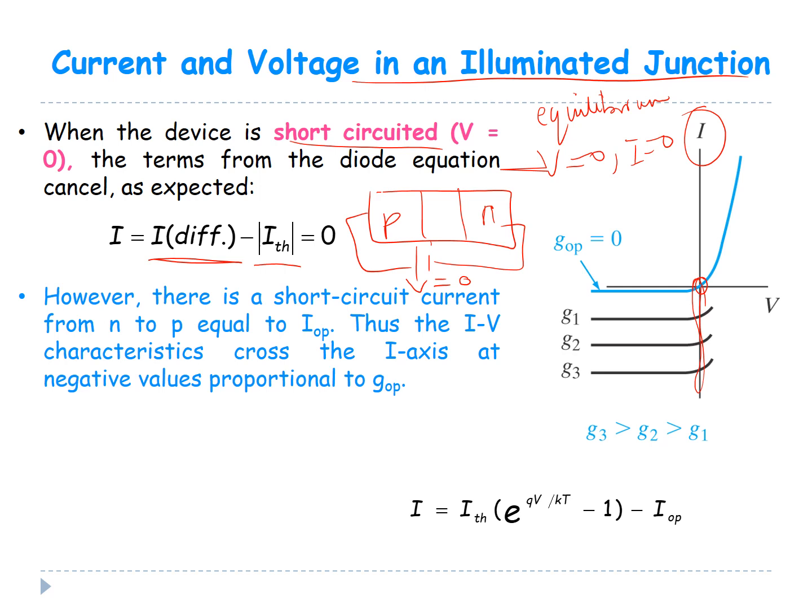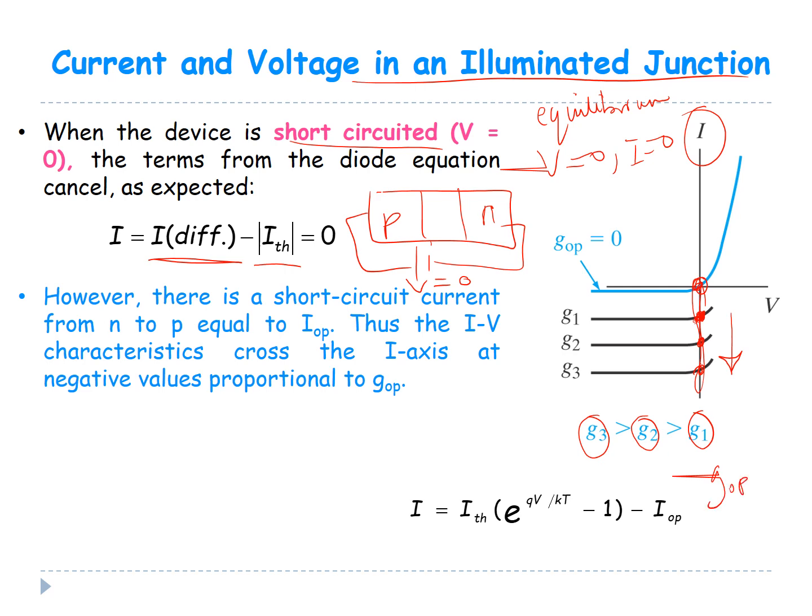In that way, we are saying at equilibrium the current is 0, but if you illuminate the diode, your IV characteristics actually cross the y-axis at negative values. So you've got this point there, that point there, and that point over there, and the increase is downwards in the negative direction, with G3 greater than G2 greater than G1. Remember that the G's are the optical generation rates.